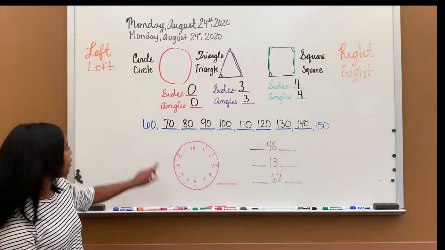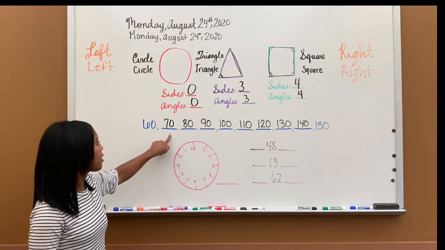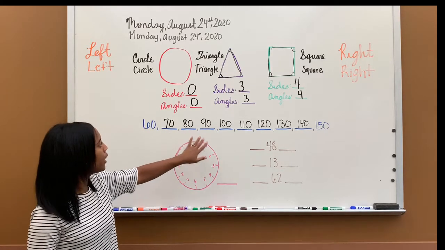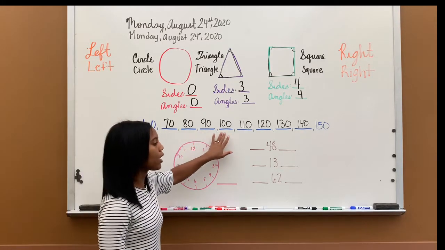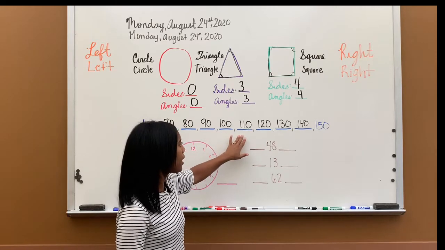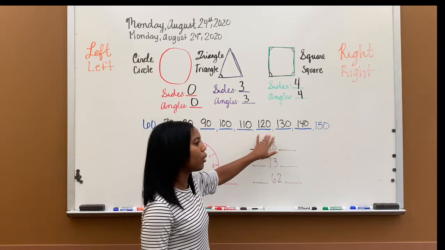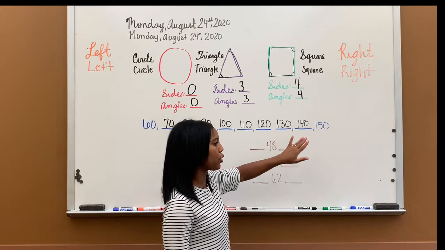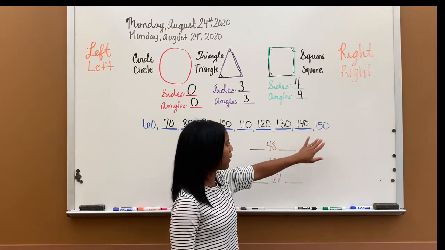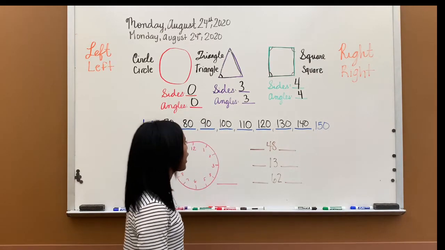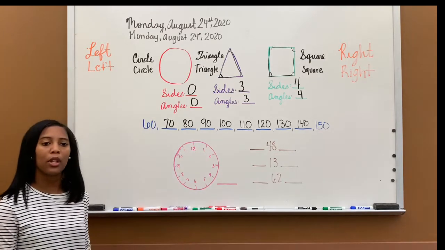Let's count it out. 60, 70, 80, 90, 100, 110, 120, 130, 140, 150. Great job.